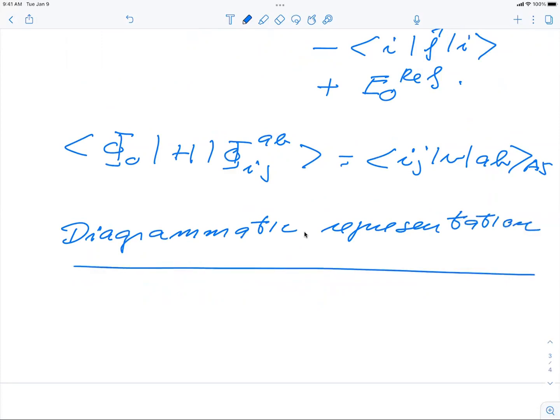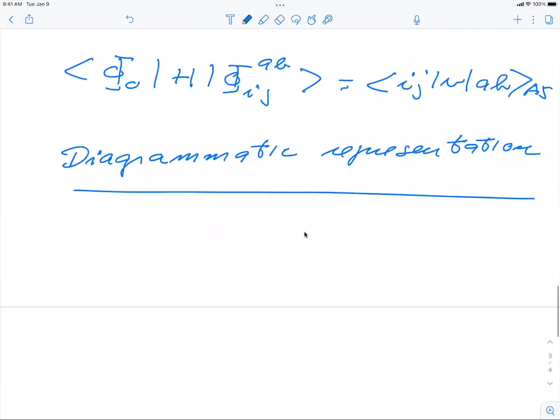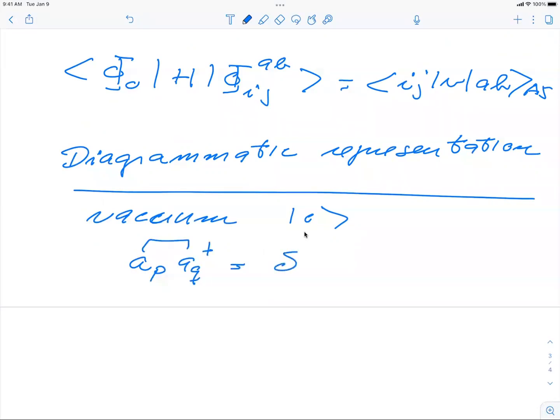So I remind you of some of the rules which we had last time. When we looked at the true vacuum, or the vacuum state, which we just label as 0, then the only contraction which was non-zero was a contraction between two states, AP, AQ dagger. This was the only non-zero contraction.